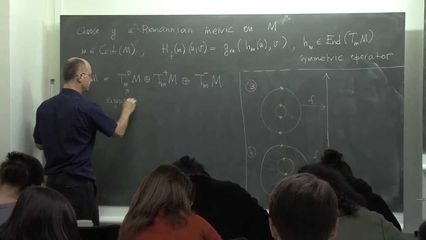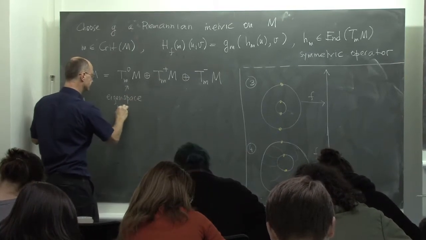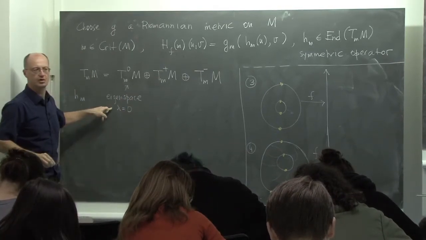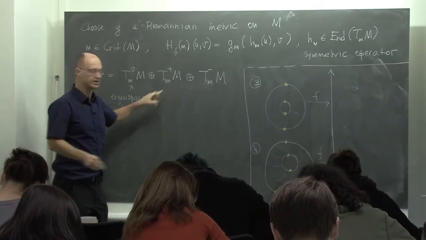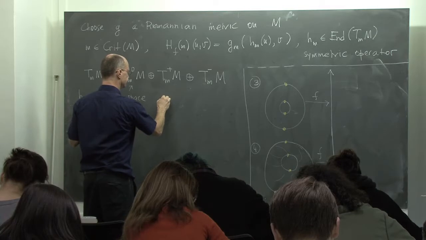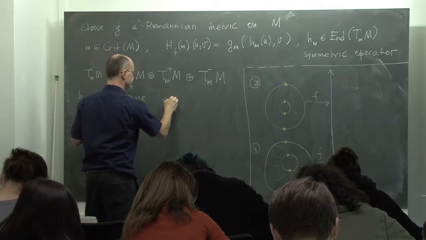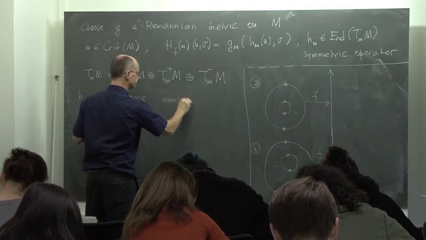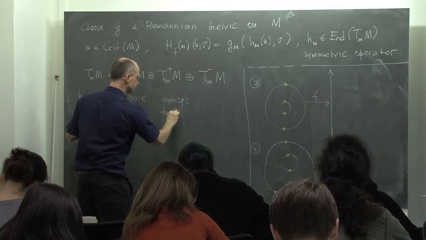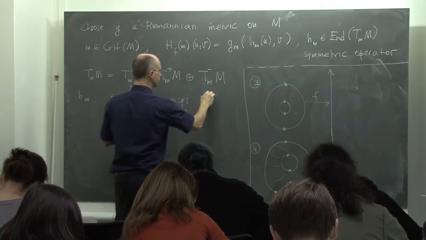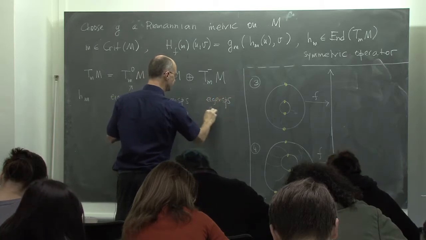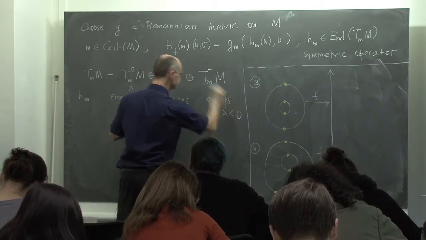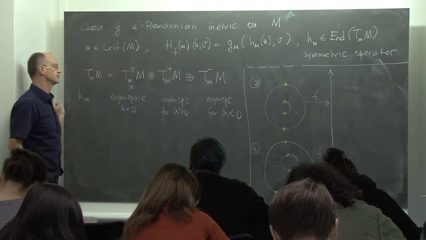That's the eigenspace for lambda equal to 0. That's the direct sum of eigenspaces for all positive lambdas, and that's the eigenspaces for negative lambdas.